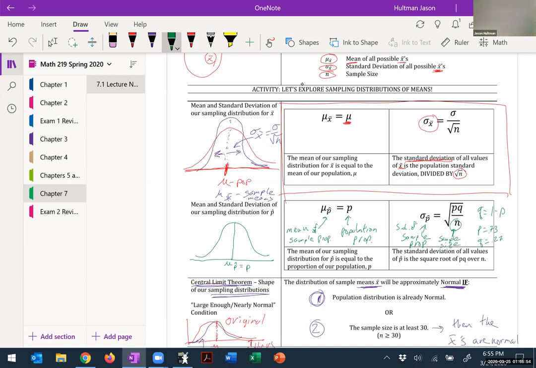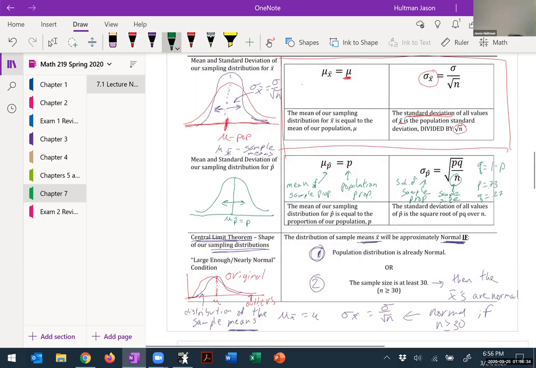So the standard deviation here is equal to the square root of P times Q over N. P is the population proportion, Q is 1 minus the population proportion, and dividing by the sample size, when I square root it, gives me the sample proportion standard deviation.